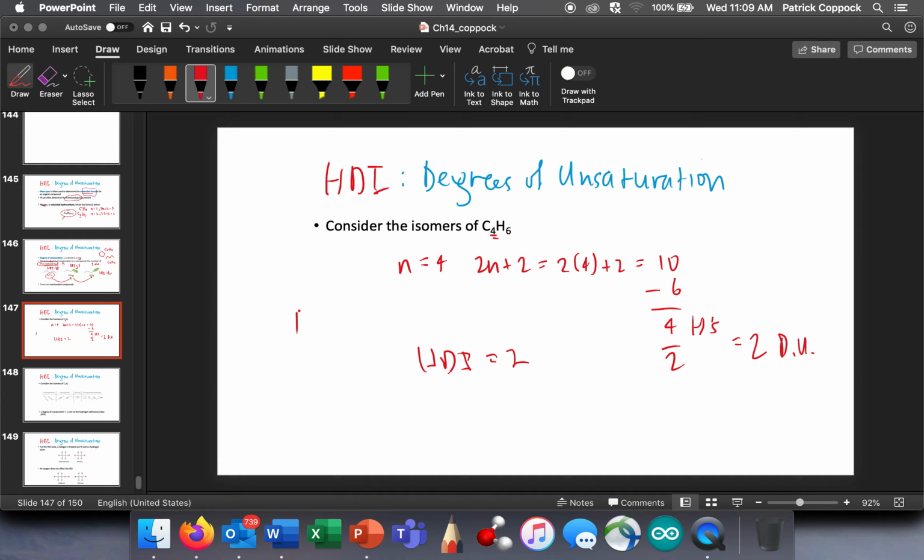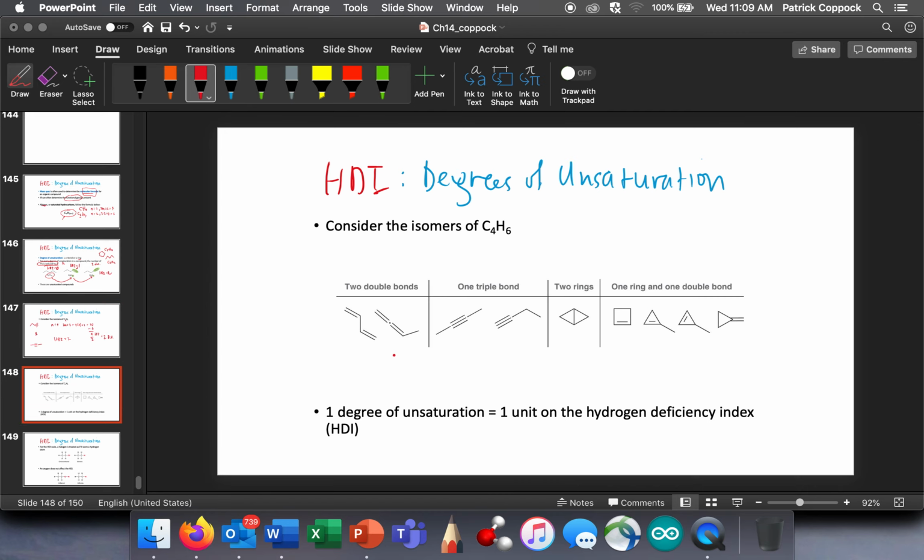And that means if we have C4H6, we could have a triple bond. The next slide has some pictures of things it could be. We could have 2 double bonds, that would be C4H6, or 2 that are right in a row, or a triple bond.